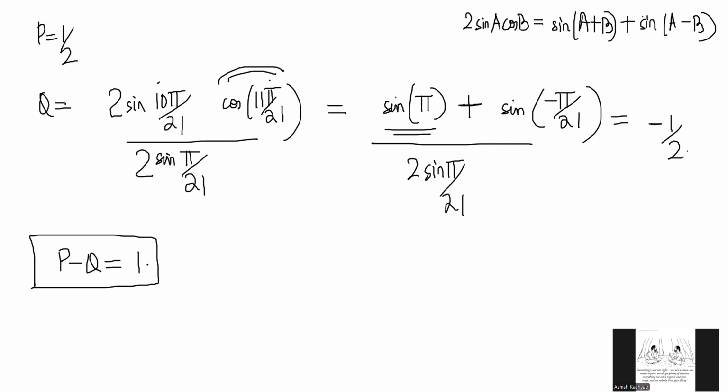Okay, so question number 7. Let's see what is this question 7. In question 7, we have to find the value of 4 sin 27 degrees and prove that 4 sin 27 degrees is equal to square root of 5 plus root 5, and then there is minus square root of 3 minus root 5.